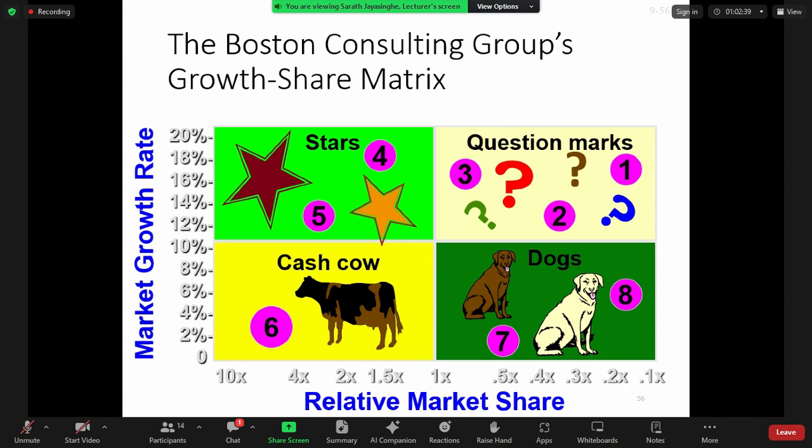That means if the largest competitor next to us has X, we are getting 0.1 of that, 1% of that, and here we are getting 10 times that. That means more than our largest competitor. We are the market leader here, 10 times bigger than our next competitor. That is what it means. That is how they have constructed this chart, right?